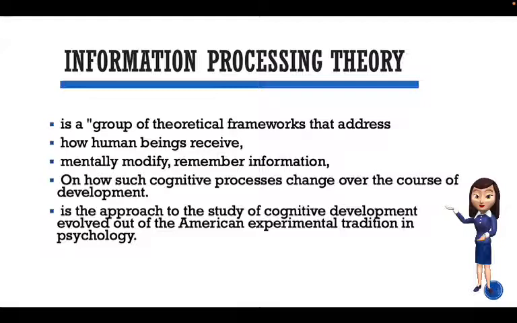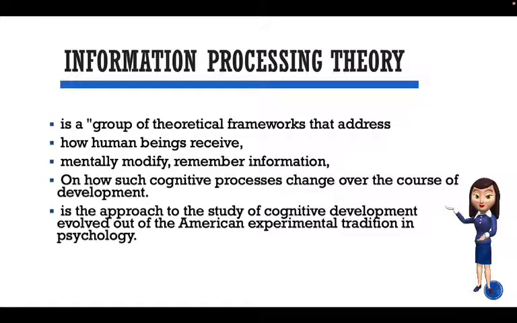It is an approach to the study of cognitive development that evolved out of the American experimental tradition in psychology. Developmental psychologists who adopt the information processing perspective account for mental development in terms of maturational changes in basic components of a child's mind.